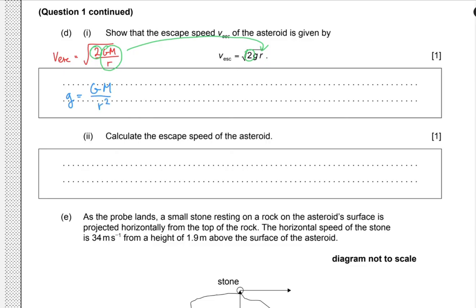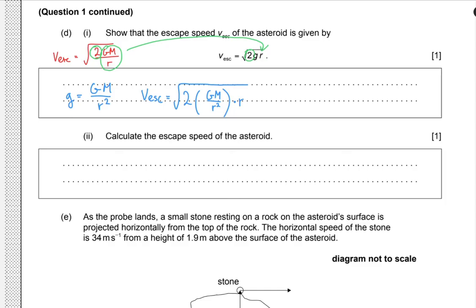So if we try and plug this into the escape velocity equation that we were given, we can see that the escape velocity is simply the square root of 2 times what we have found, so this GM over r squared, which is just g, times r.